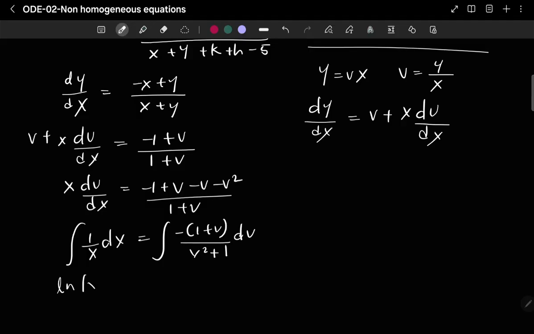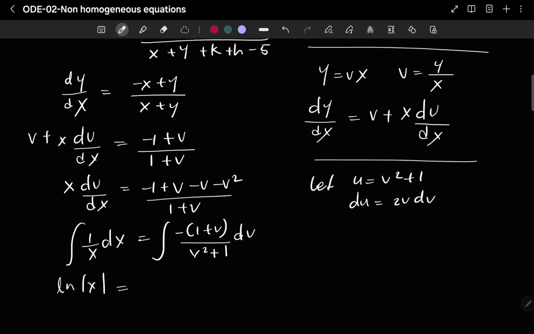Here we get ln X equals minus the integral of this. To take the integral of this, we can take partial fractions, or we can take another substitution. So we'll take, let u equals v squared plus 1, then du equals 2v dv.